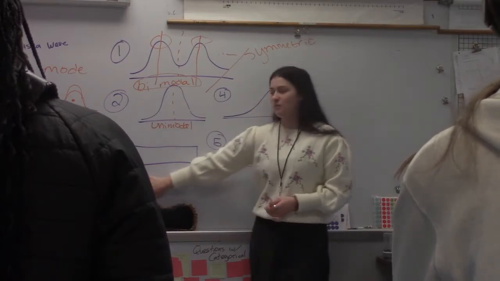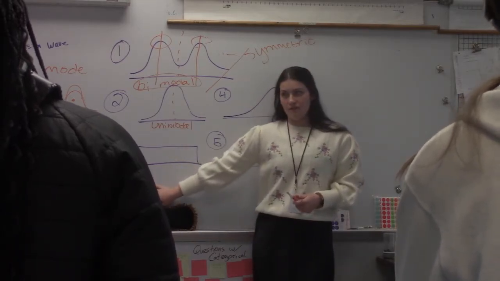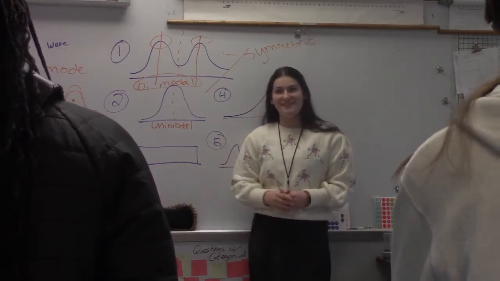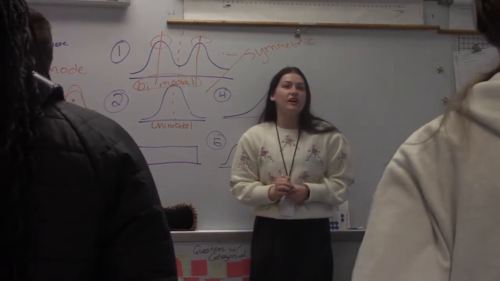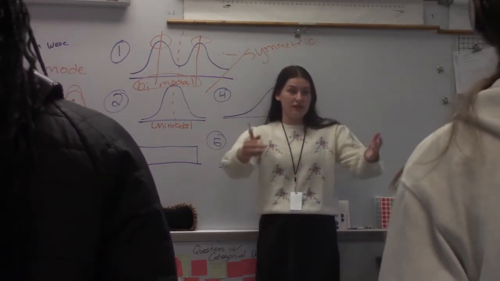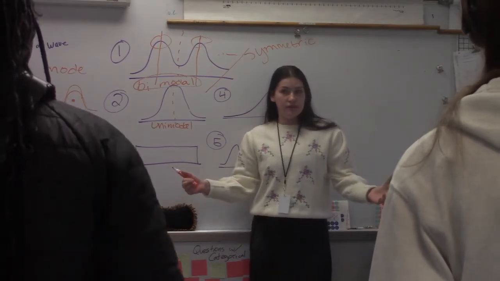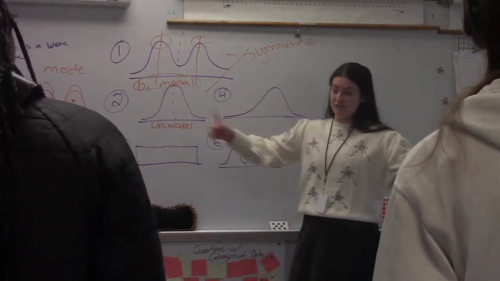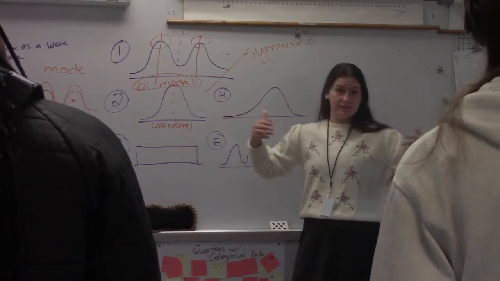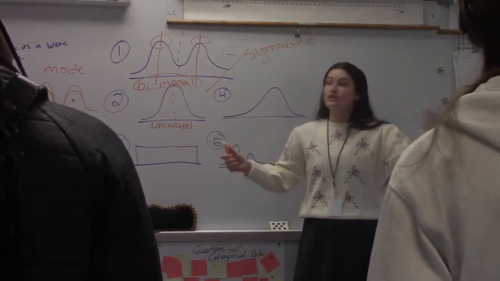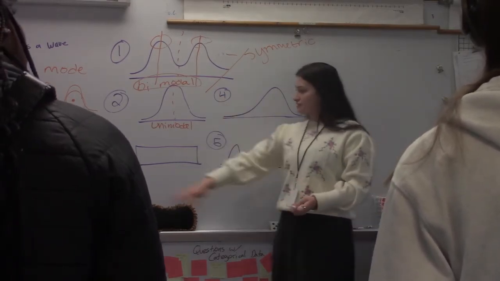This one, what are we thinking? Okay. All right. So what is a term when everything looks the same? If you're looking at a group of students, they're all dressed the same, they all look the same, same haircut. Uniform. Does this look the same?